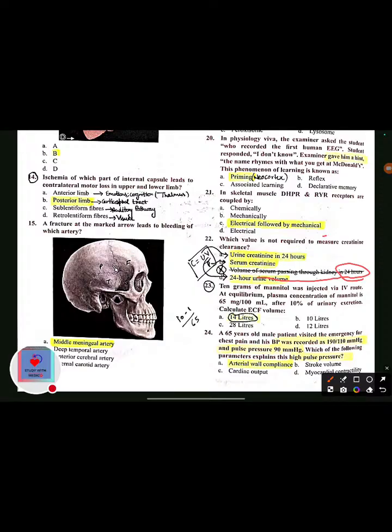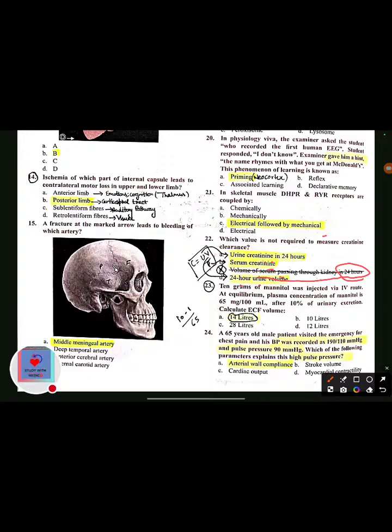So the formula to calculate creatinine clearance is UV by P, where U is urine creatinine in 24 hours and V is the 24-hour urine volume, divided by serum creatinine. So volume of serum passing through kidney in 24 hours is not required.